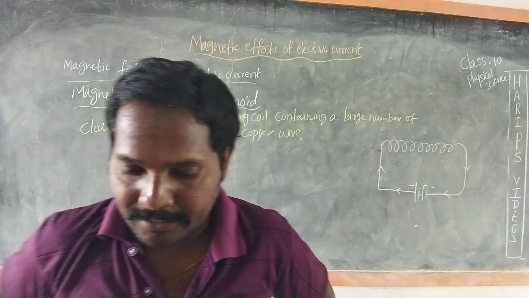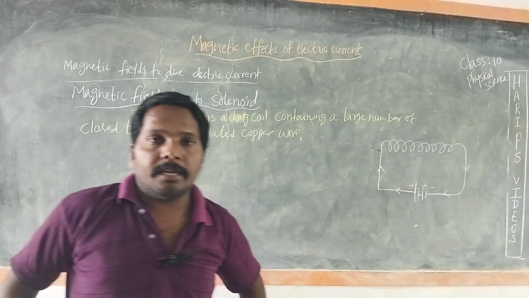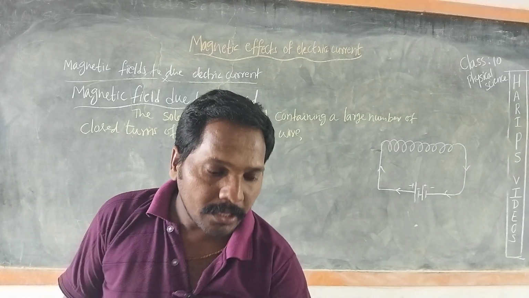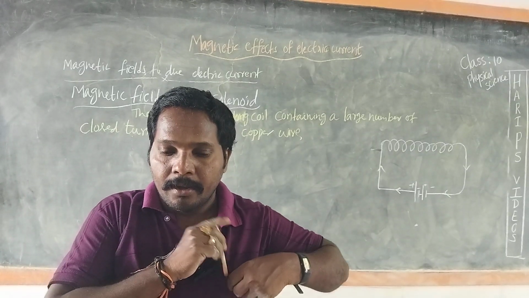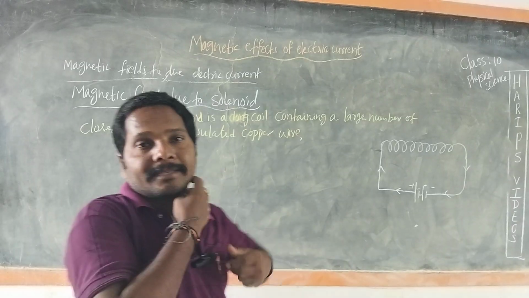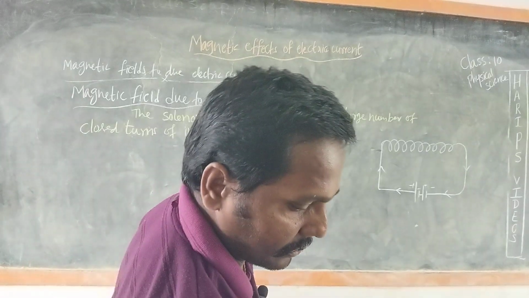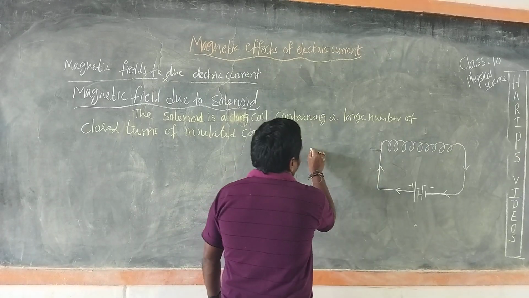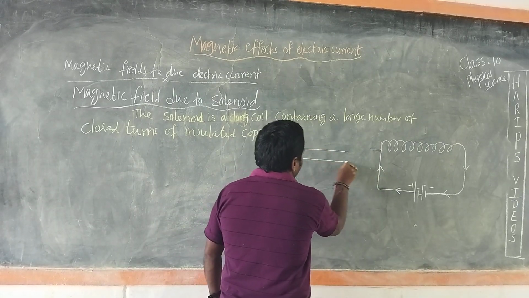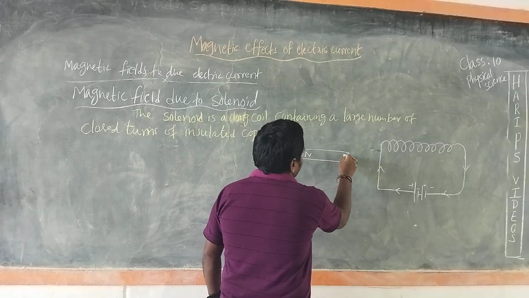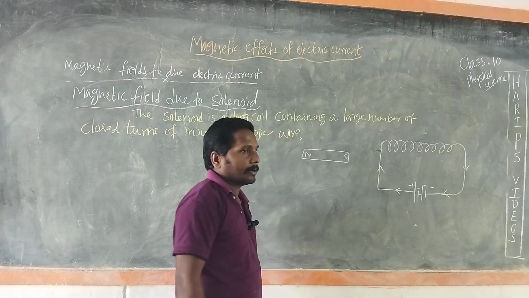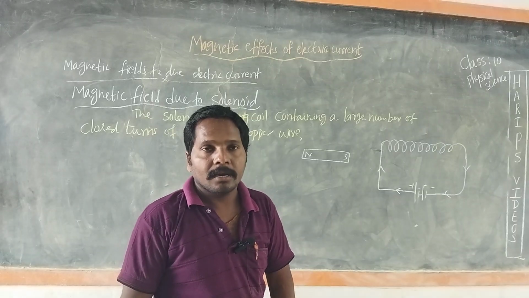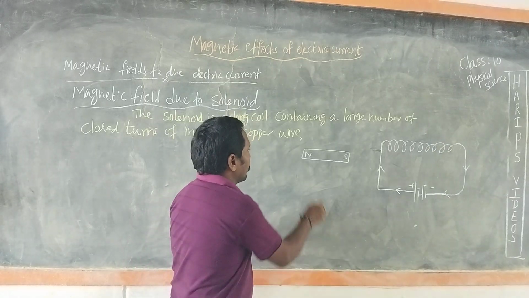Let us understand. The magnetic field produced by a current carrying solenoid is like a bar magnet, it acts as a bar magnet. We know how the magnetic field is formed around the bar magnet.